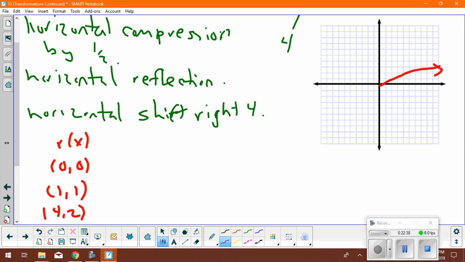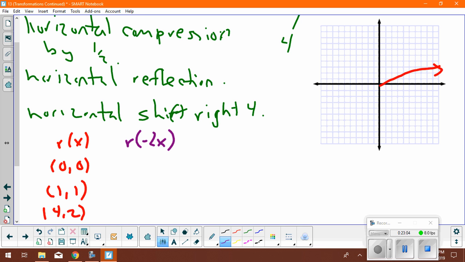I'm going to group a couple of them together. The first thing is the horizontal compression and reflection, so -2x. In the list we developed, the way we apply this is that it applies to the inputs because it's inside those brackets.